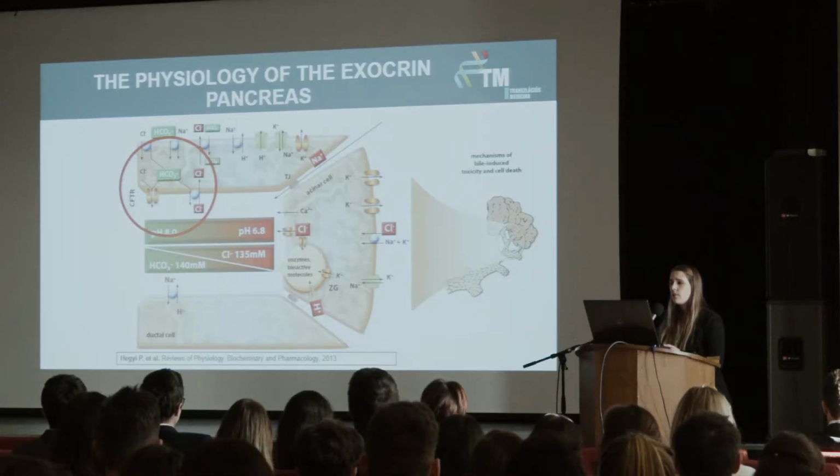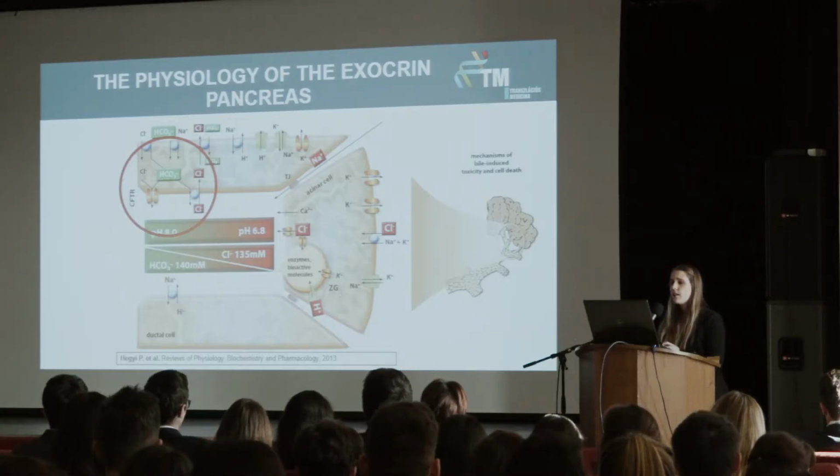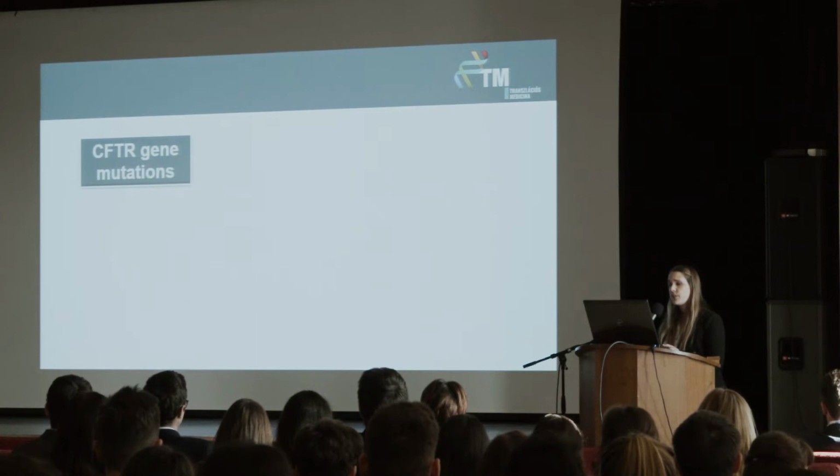the digestive enzymes. In this process, the CFTR channel, which is a chloride and bicarbonate channel expressed on the apical membrane of the ductal epithelial cells, has a leading role. If this physiological function of the pancreas is damaged, that can lead to pancreatic diseases.